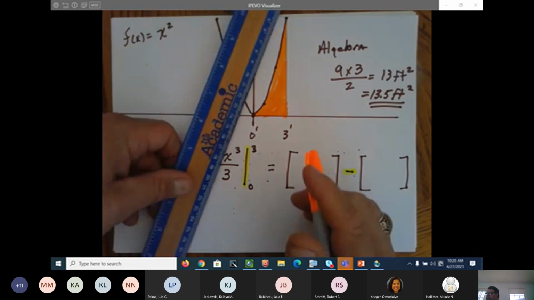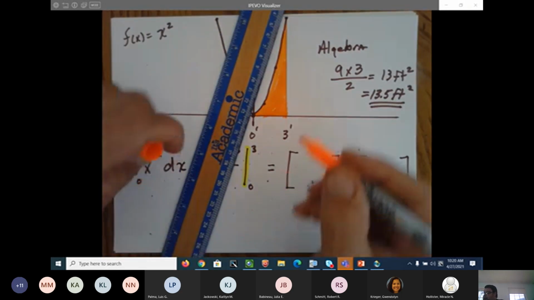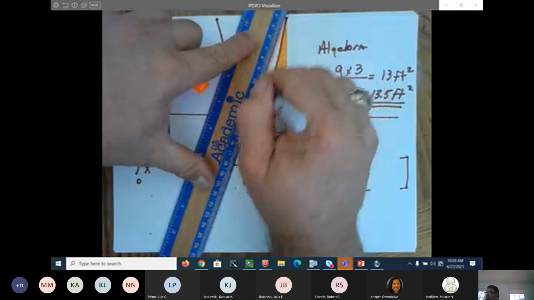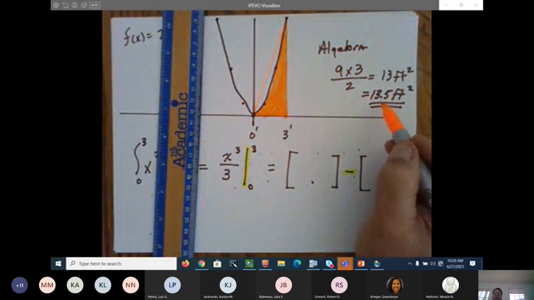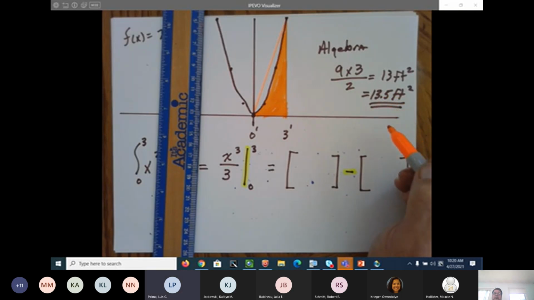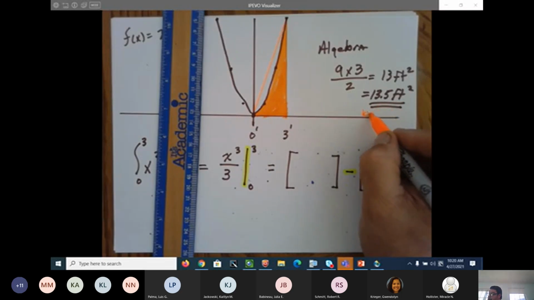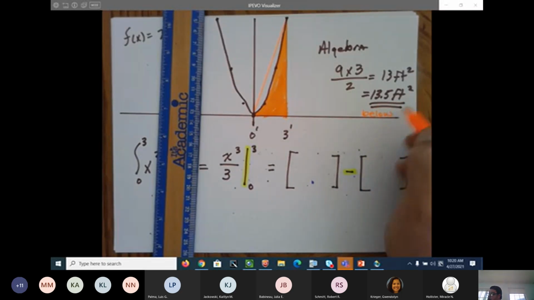Now I want somebody to tell me, is our algebra estimation going to be low or high to the actual area? Below. It's going to be below. So this is a below estimate.